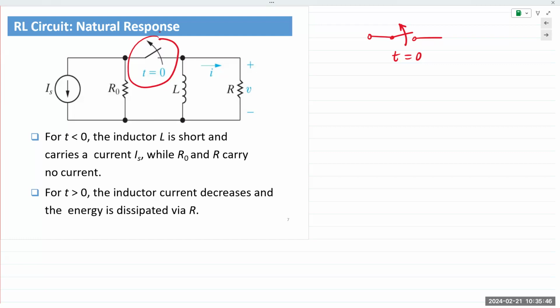Okay. At time t equals 0, the switch is being flipped open, which also leads us to conclude that prior to time t equal to 0, the switch was closed. Okay, two important points. At t equal to 0, the switch is being flipped open, meaning prior to t less than 0, the switch was closed.